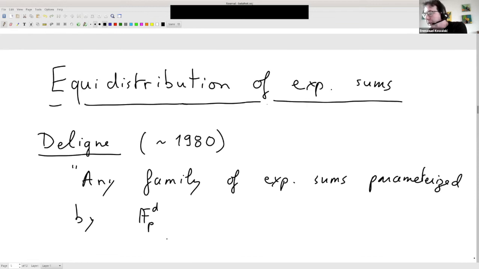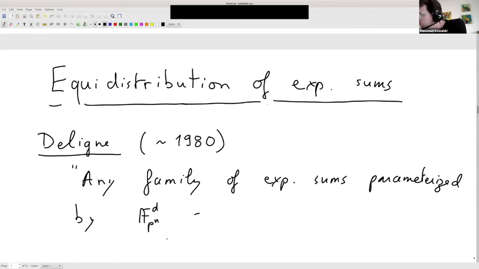And let's look at the extensions of this finite field. So this family means for every element in F_{p^n} to the d, I give you an exponential sum over the finite field. So the example to keep in mind is Kloosterman sums. The parameter is a, d is equal to 1. And for each a, you have the Kloosterman sum with parameter a.